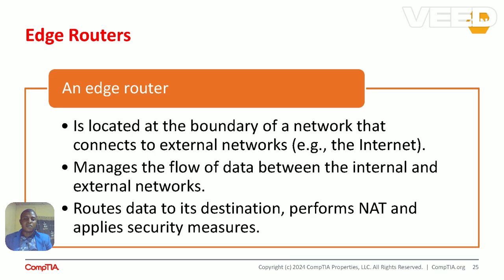And the platform is NAT, network address translation, applying the security measures. So you can see the edge router and the network address translation protocol do almost the same thing, but the location is different. It is always at the edge, linking the ISP with the local area network.